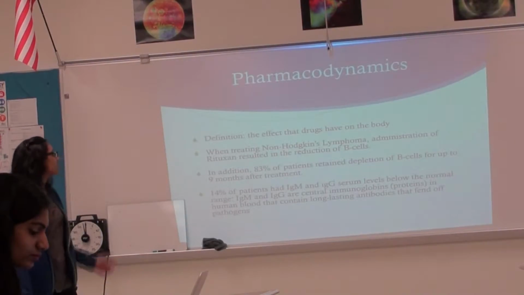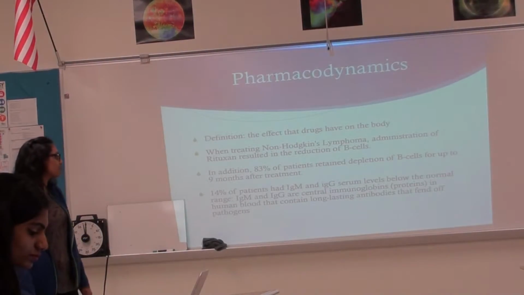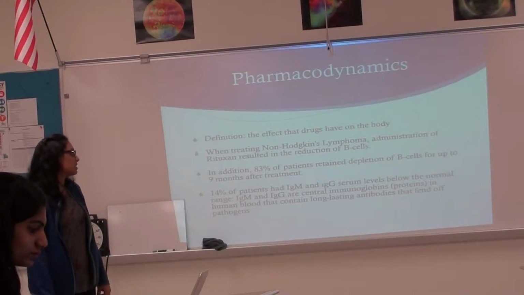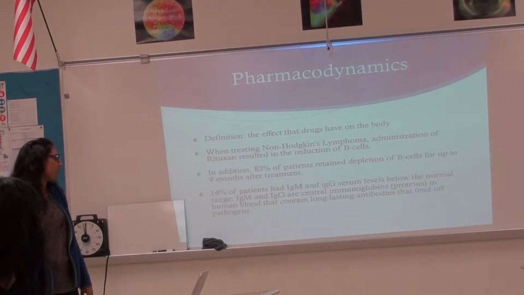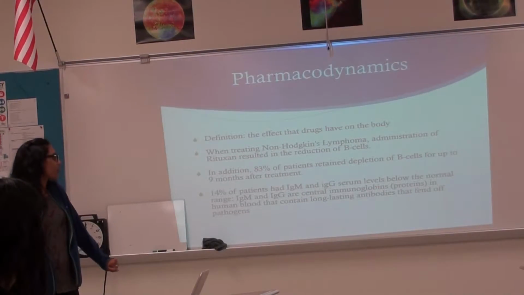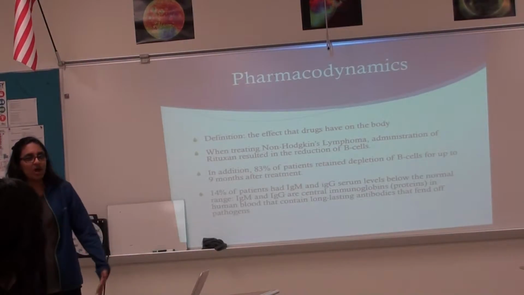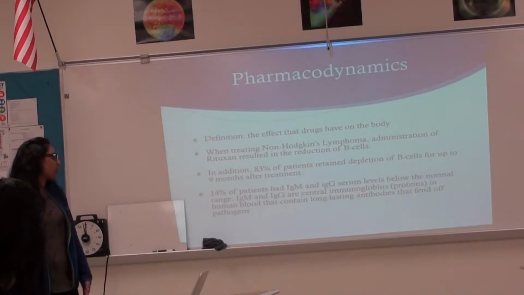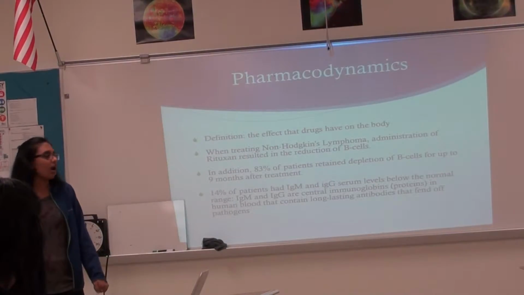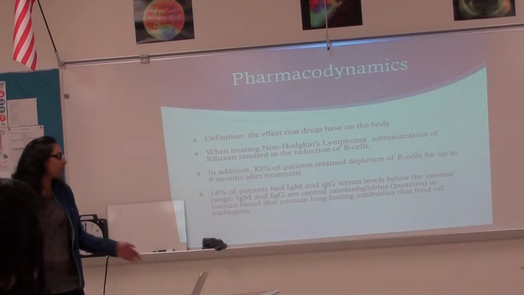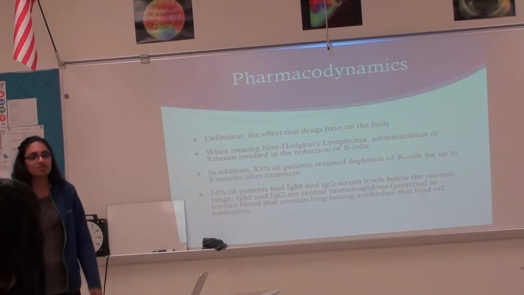In addition, 83% of patients retained depletion of B cells for up to 9 months after treatment, and 14% of patients had IgM and IgG serum levels below the normal range. IgM and IgG are immunoglobulins, proteins found in human blood that contain antibodies that fend off pathogens that come into your body.